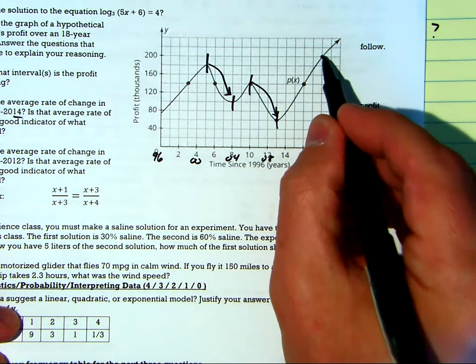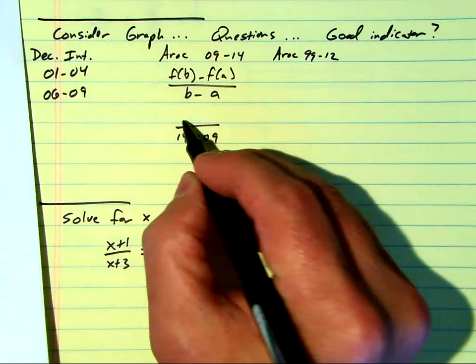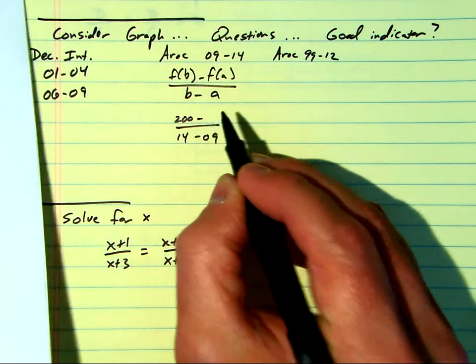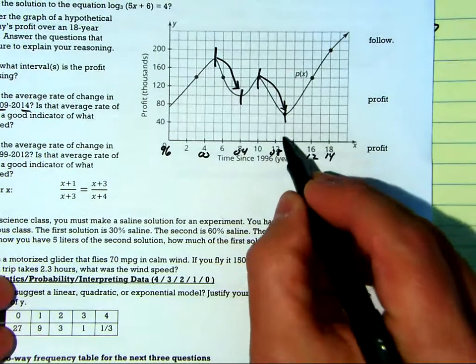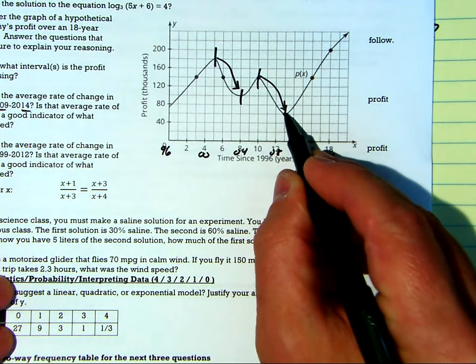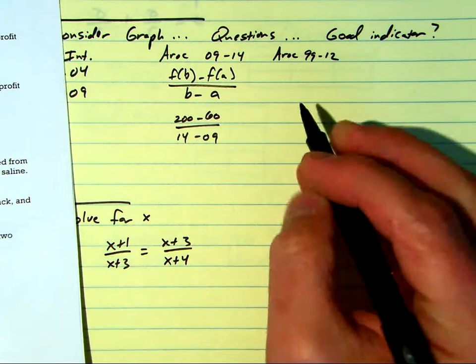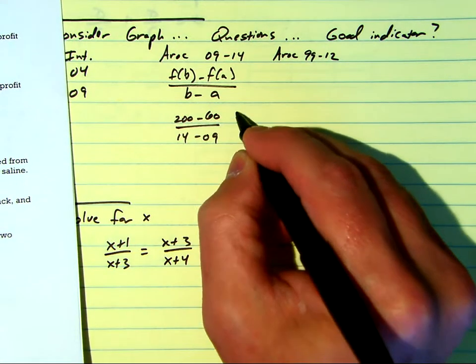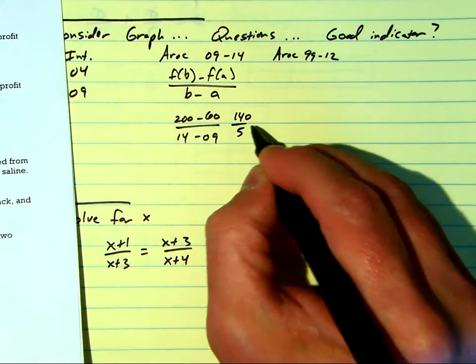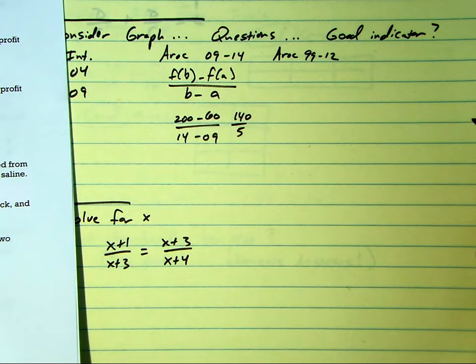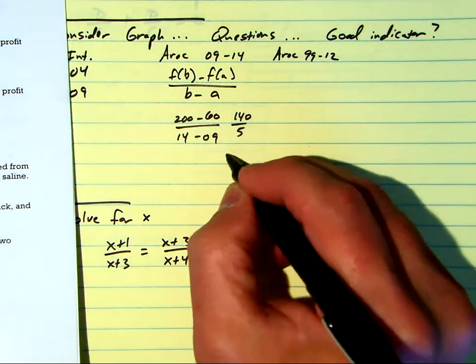The function value is 200. Did everybody see that? What's the function value in 2009? It's 60. Everybody see that? So we calculate that. This is going to be what? 140 over 5. What's 140 divided by 5? 28.